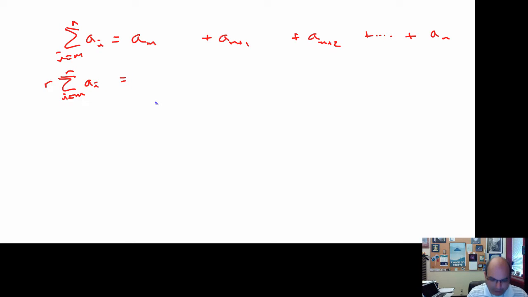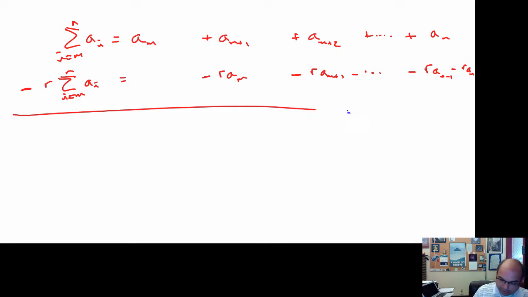The reason I'm doing that is because I can write down r times a sub m here, and r times a sub m plus 1 here, and r times a sub n minus 1, and then r times a sub n. And I'm actually going to subtract these two, so let me put minus signs everywhere. The reason I'm doing that is so that I can add these two rows together.